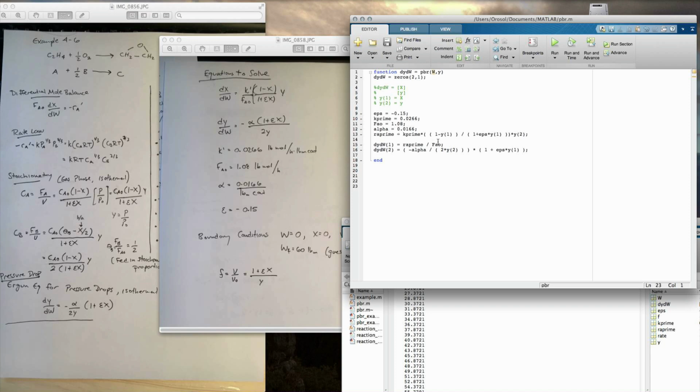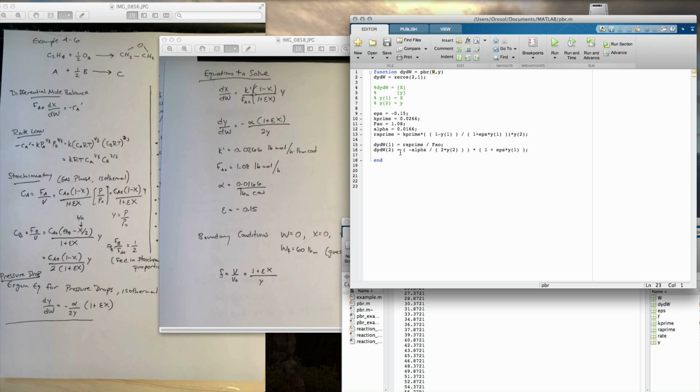I can just type in what FA naught is, change that, and then put in my new equation for the rate depending on what your rate is. So I just wanted to point out that you can put this equation in or do it like this.